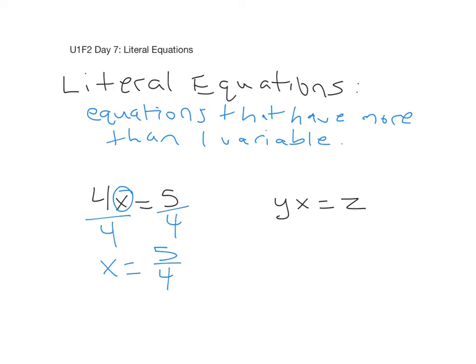If I want to solve for x on our second equation, it's the same strategy, the same inverse operation. Because it's y times x, I have to undo multiplication and divide both sides by y. So x is equal to z over y. You cannot combine the z and the y together because they are different variables.